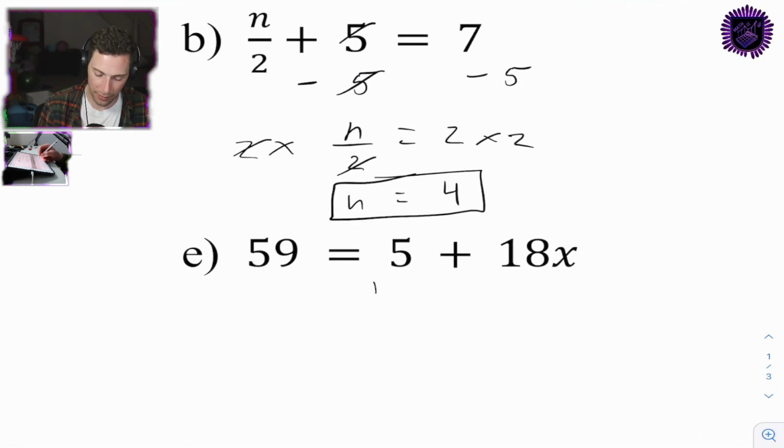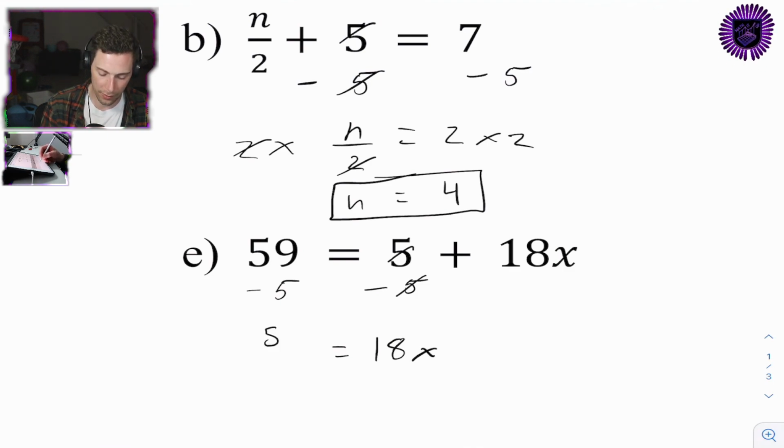So we're going to subtract 5 from both sides. That cancels, leaving us with 18x is equal to 54. 54 divided by 18.